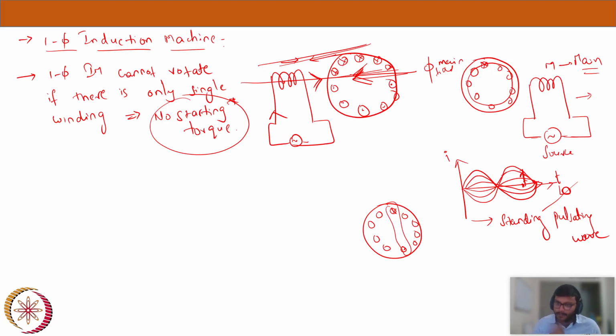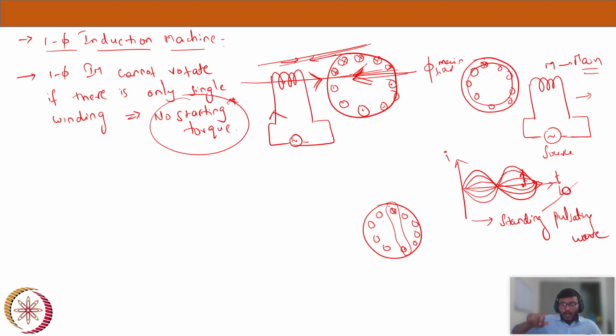Another interesting point is, let's say okay, there is no self-starting ability, so starting torque cannot be produced within this machine. So what I will do is try to rotate the rotor by giving some kind of external force. So let's say I have applied some external force.